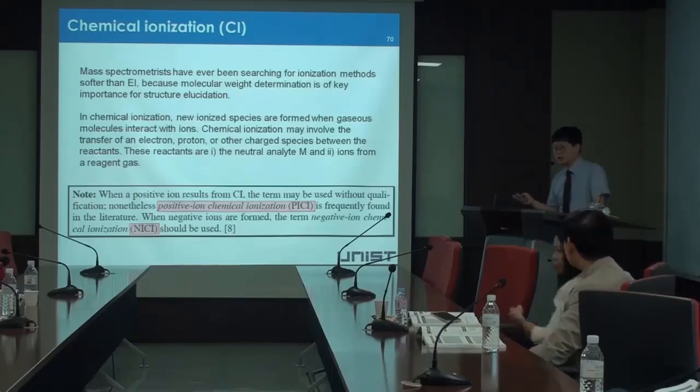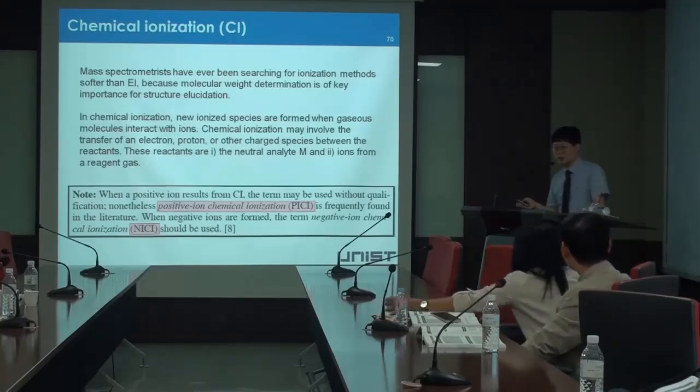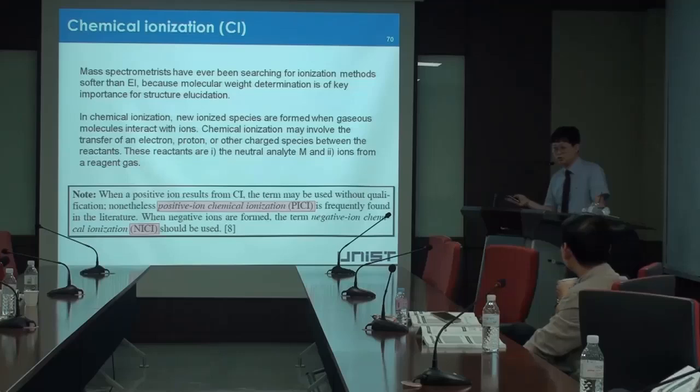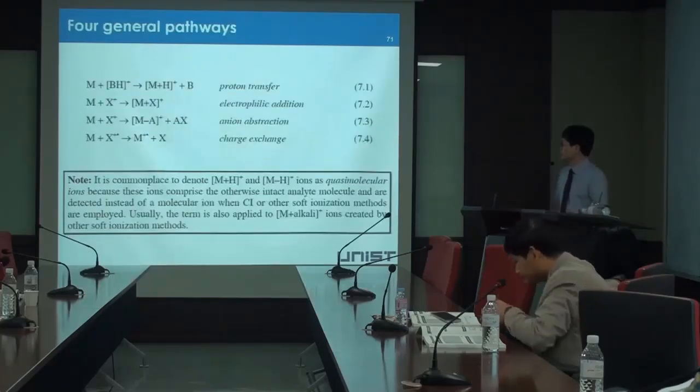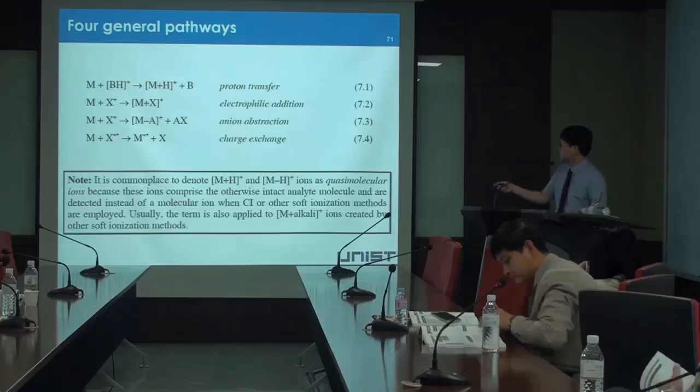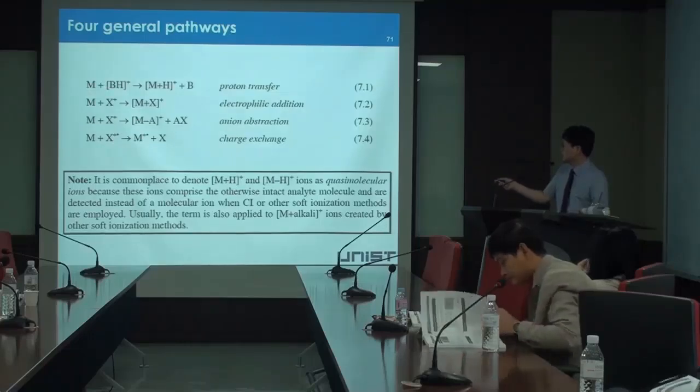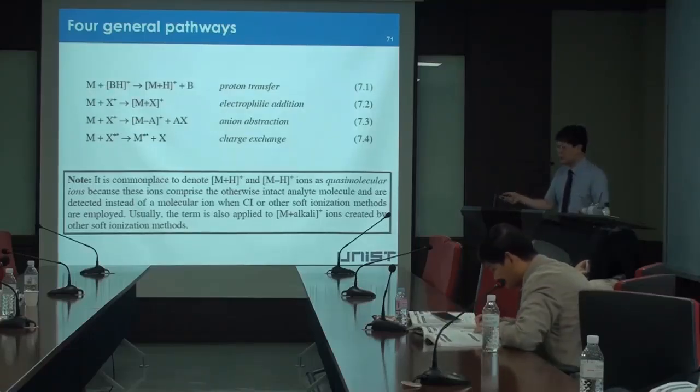They use some gases, nitrogen or argon or ammonia. Using this gas molecule, they make a positive ion or sometimes a negative ion, so PCI or NCI, we say. Like this, the reagent ion plus the other chemical produces another positive ion. This is a soft ionization method.